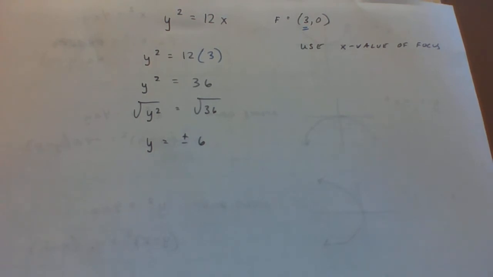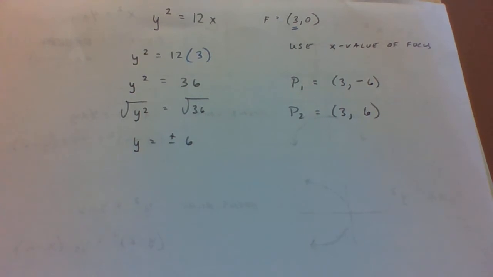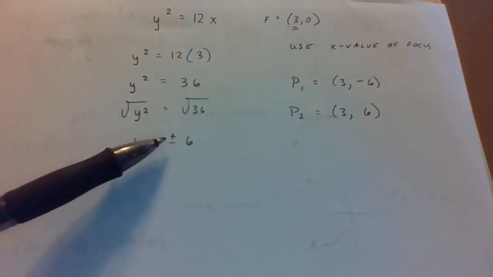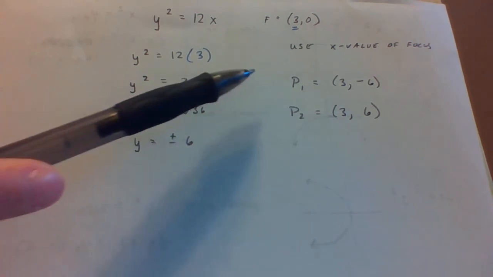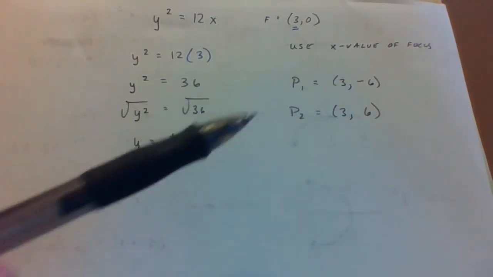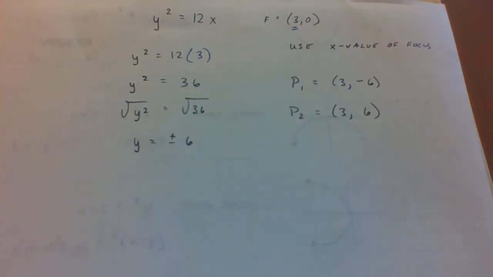I'm going to call them P1 and P2. So my x value in this case was a positive 3, and the y values I'm working with are both positive and negative 6. So my 2 points, P1 I'm going to use as the point (3, -6), and P2 is going to be the point (3, 6). Now we can go plot those on our graph so we can get a more accurate picture of our parabola.